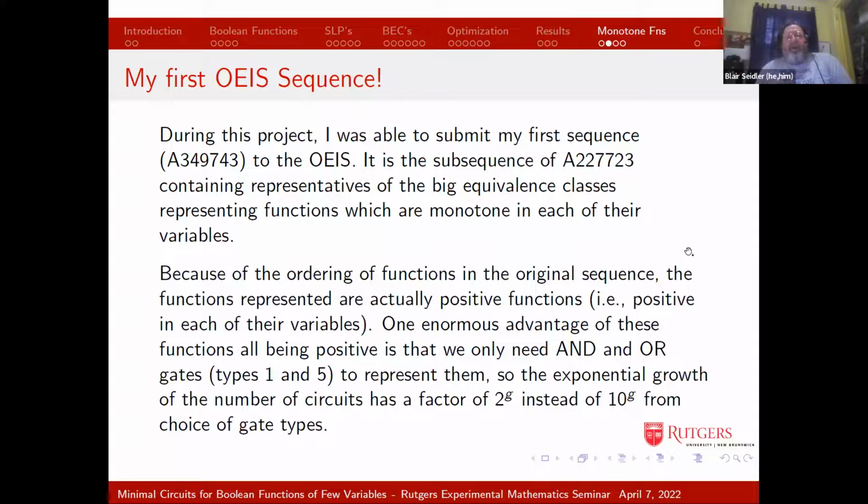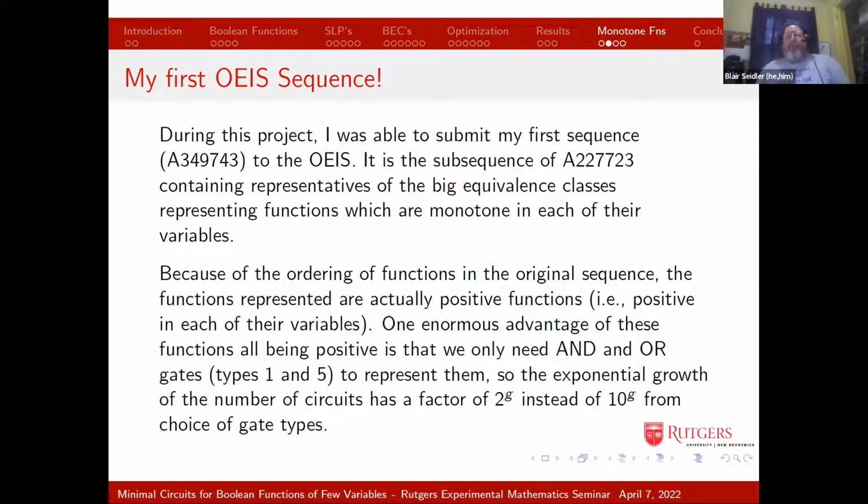One of the nice things, and this is where everything came together for me, is that because of the ordering of functions in the numbering, the functions that I get as big equivalence class reps always are positive functions, which means that when I'm looking through them, I only need AND and OR gates.